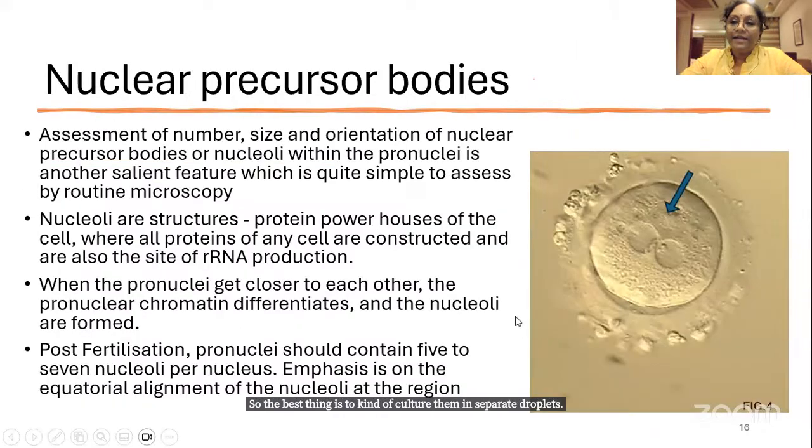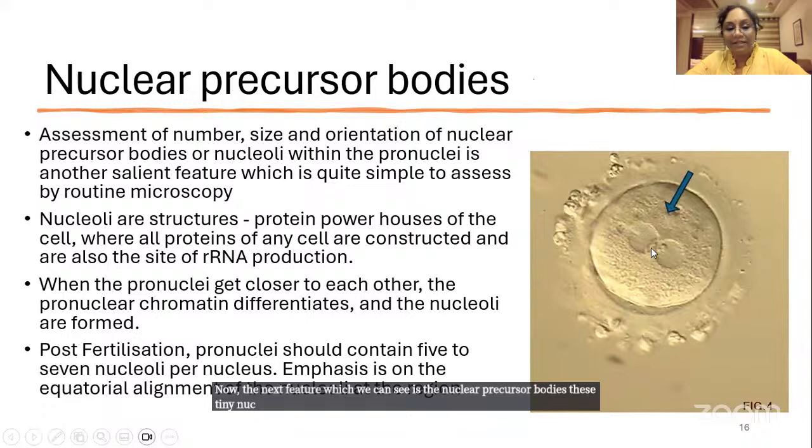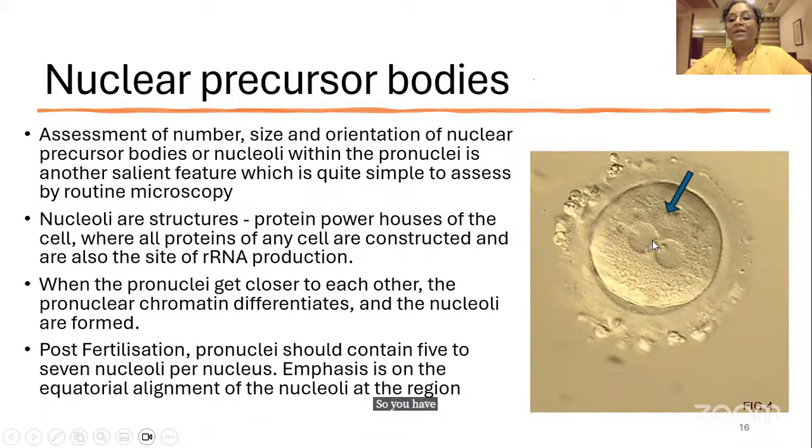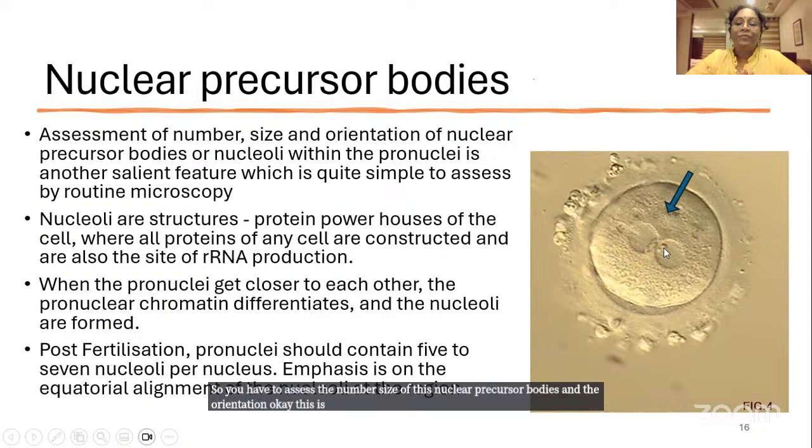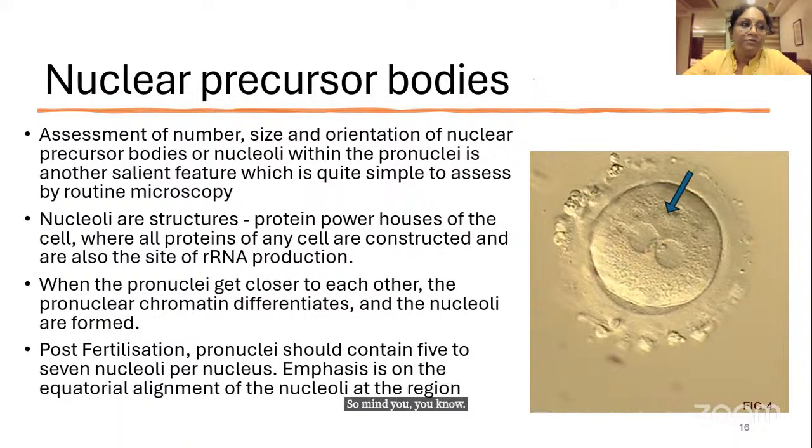Now, the next feature which we can see is the nuclear precursor bodies, these tiny nucleoli present in the pronuclei. You have to assess the number, size and orientation of these nuclear precursor bodies. This is very simple to look at. Mind you, a few studies say that these do not have any impact.